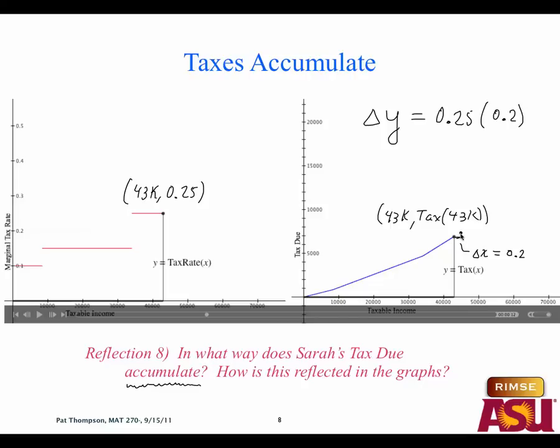And that's going to be represented by some little delta y. So what is that? 0.05? 1/4 of 20 cents. So when she made that 20 cents of income, she just accumulated a little more tax, 5 cents more of tax. 1/4 of the amount that she made.